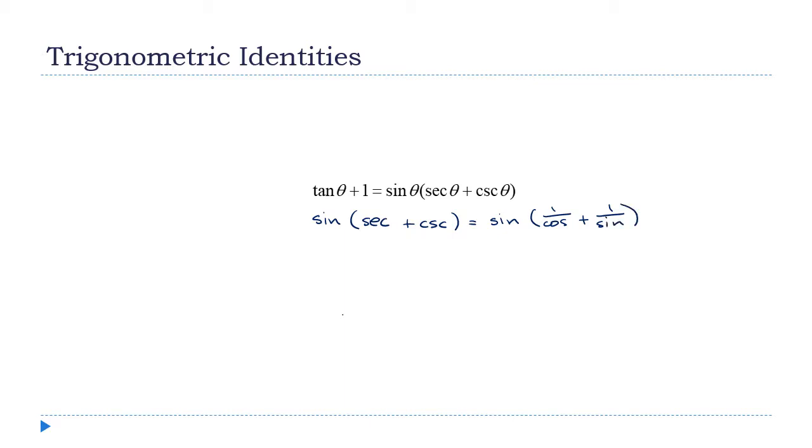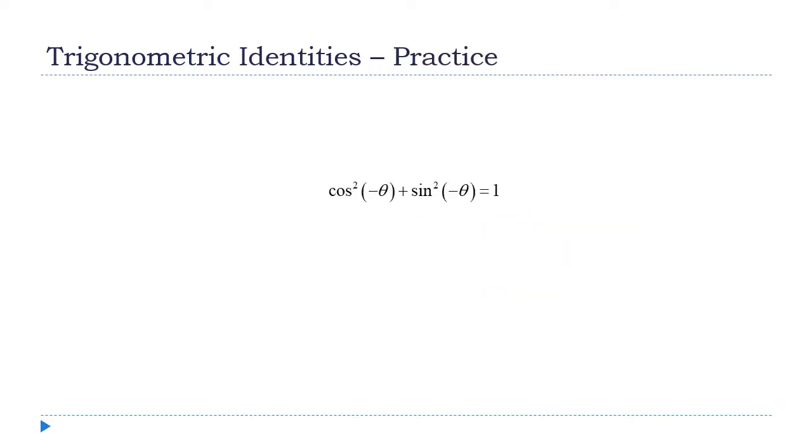And now let's distribute. Shoot that sine into the parentheses. The first term becomes sine over cosine, and the second term is sine over sine. Well, sine over cosine, that's tangent, and sine divided by sine, that's 1, and that's what I was aiming for. That's the other side of the equation.